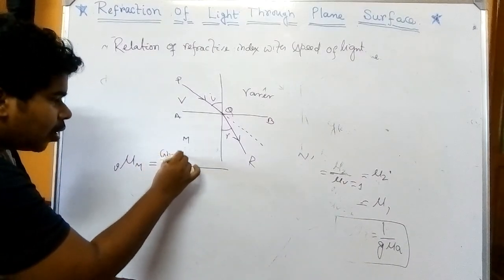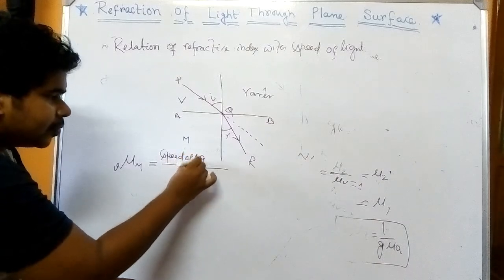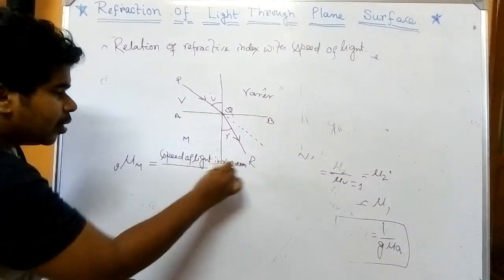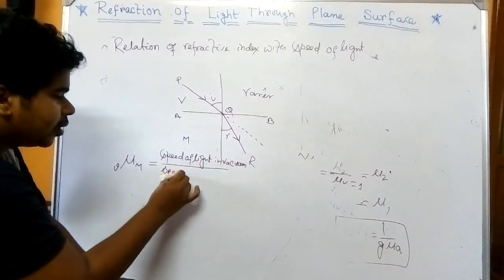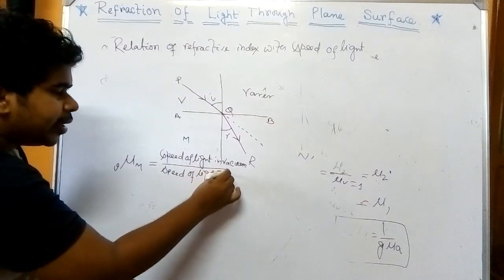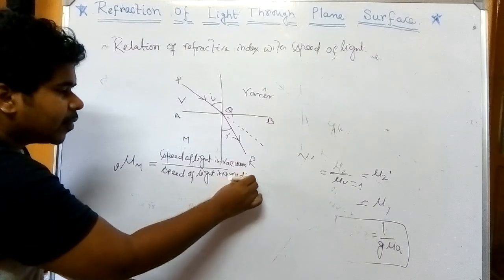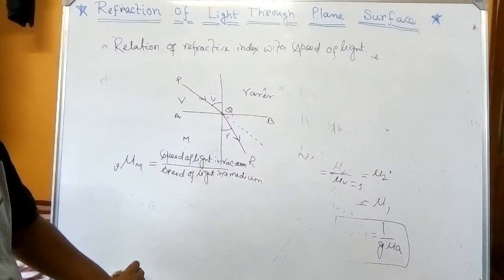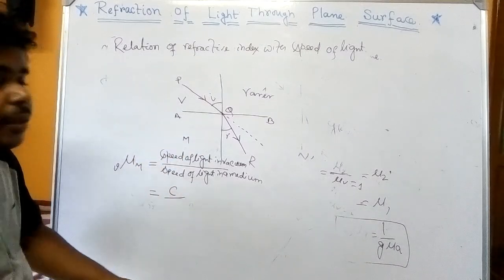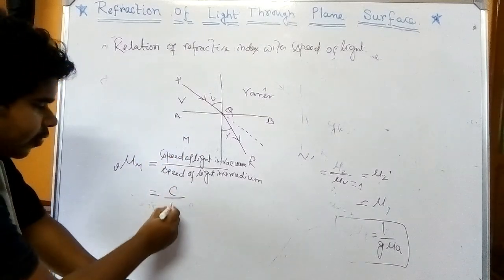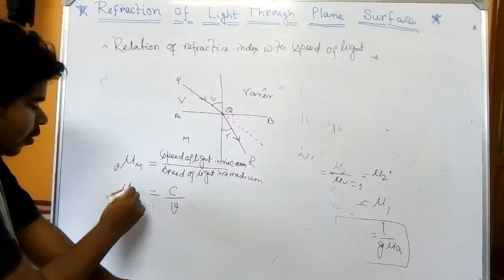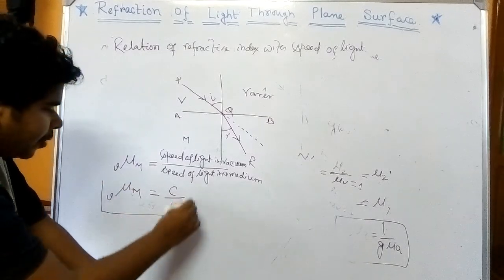It is the speed of light in vacuum by the speed of light in the medium. Generally, we denote the speed of light in vacuum by c, and the speed of light in the medium, assume, is v. So the refractive index will be c by v.